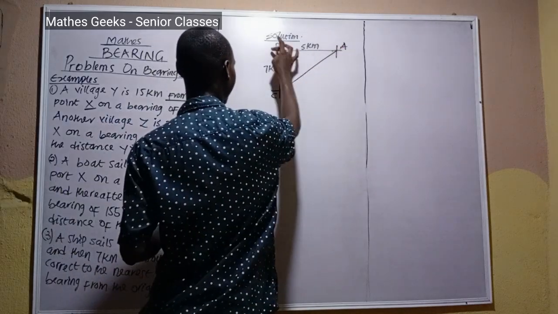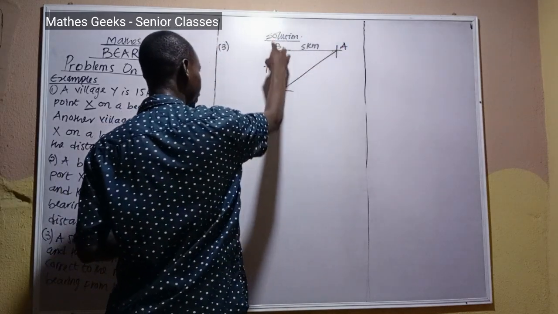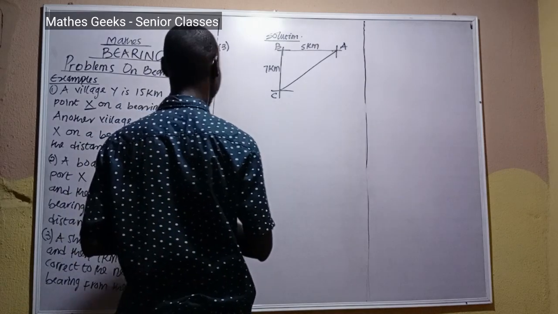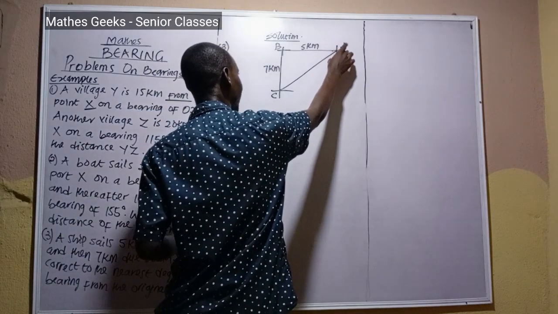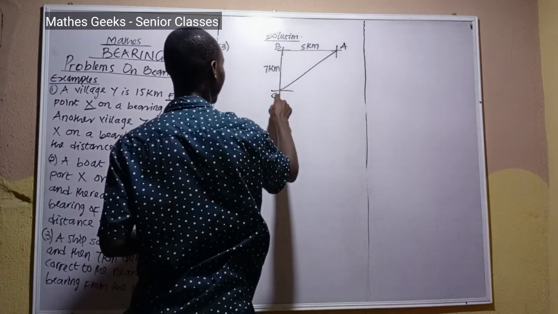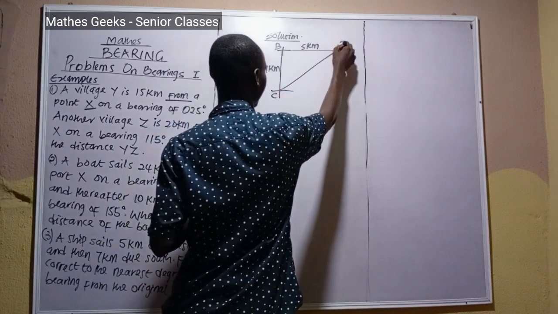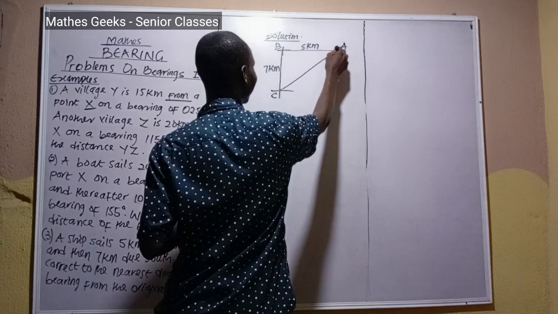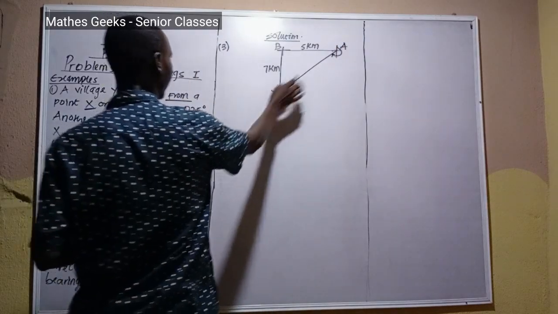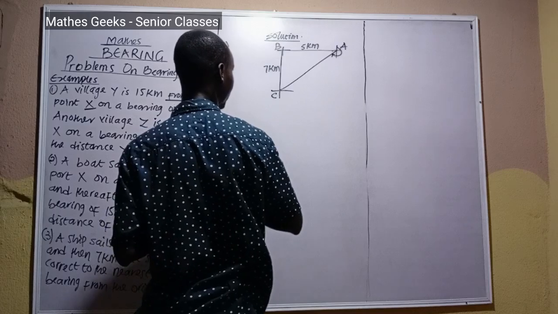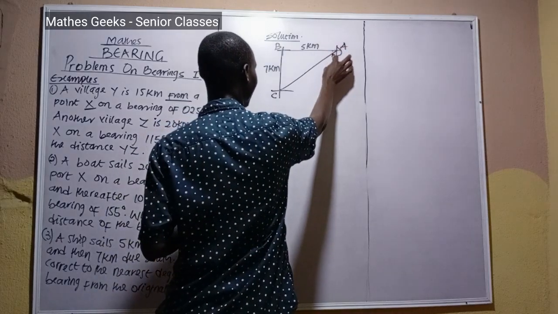First of all, from E to the west, which is point B, and then from B to C. To get the bearing of the ship from its original position means this line is connecting the ship from its original position to the final position. So you're going to take your angular measurement from here to meet this line. Whatever this gives us is the bearing of C from E. However, for us to be able to do that, we need to get this angle known.